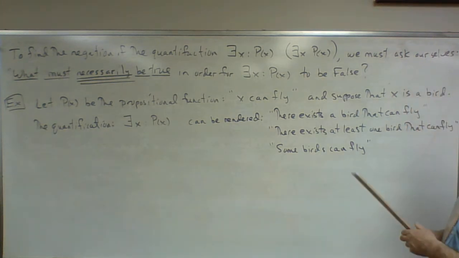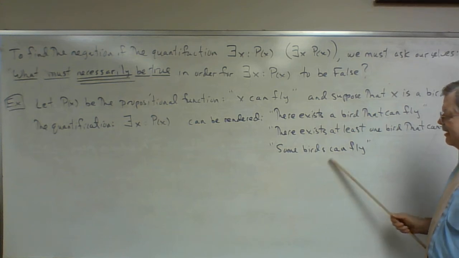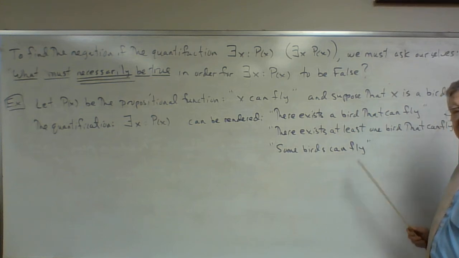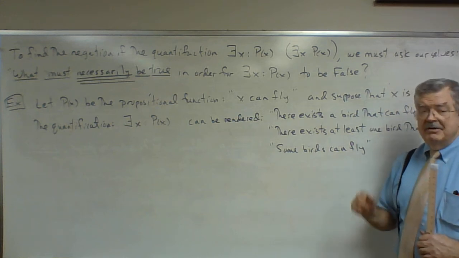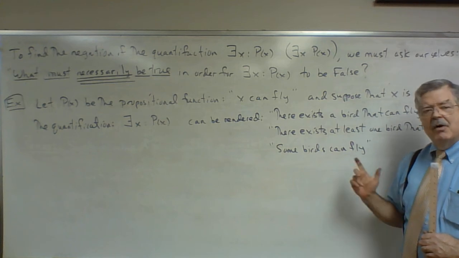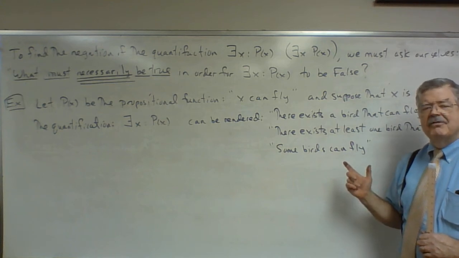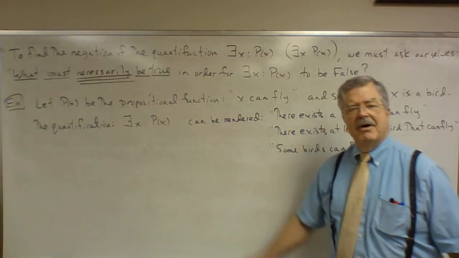What absolutely has to be true to make this statement, some birds can fly, false? It would have to be true that no birds could fly. No birds can fly. So for all x, p of x is false.